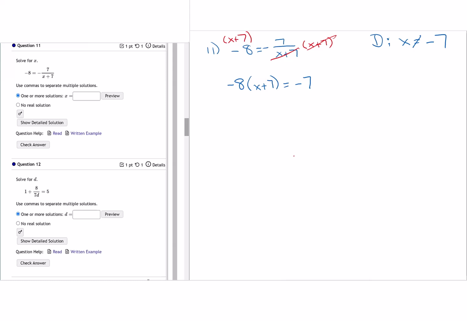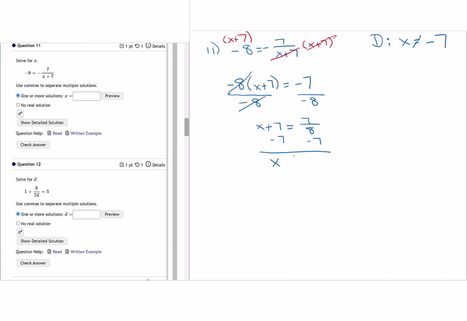Now, there's a couple ways you can go about this. I think the easiest way is divide both sides by -8. That cancels with that. I get x plus 7 equals negative over negative is a positive, 7/8. And then last, I subtract 7 from both sides.